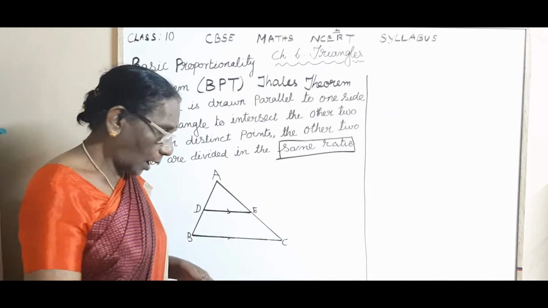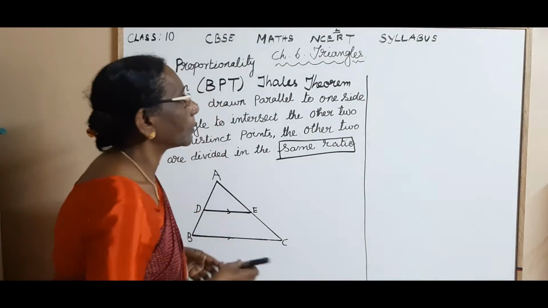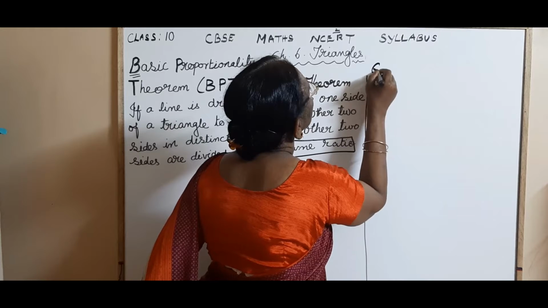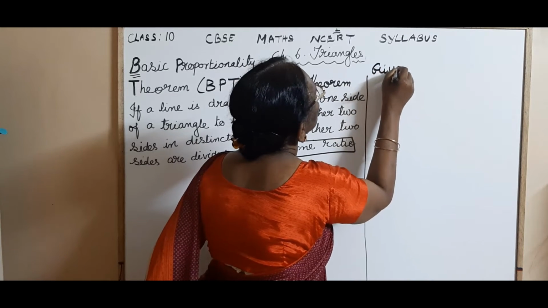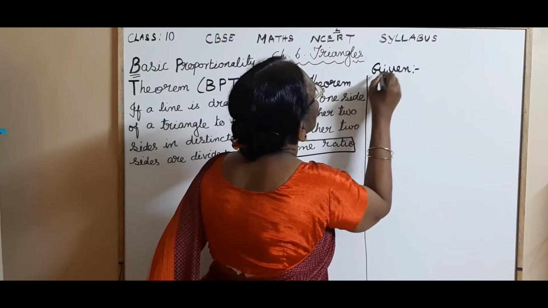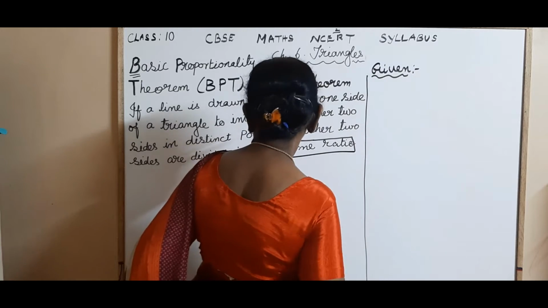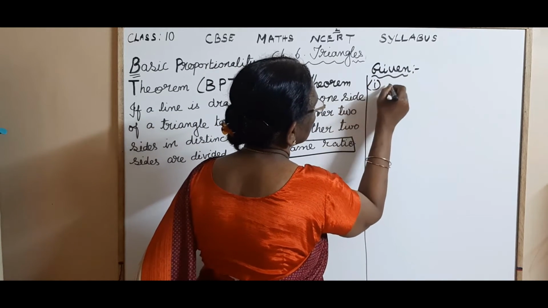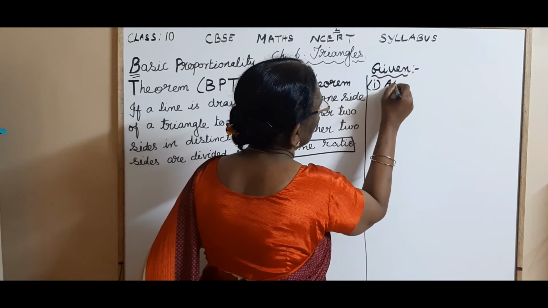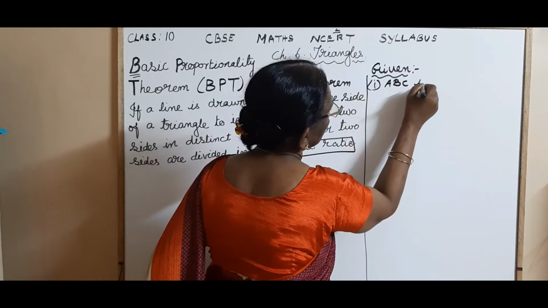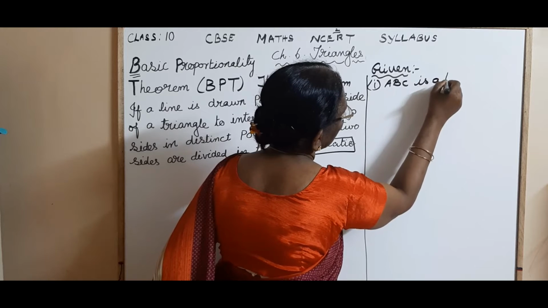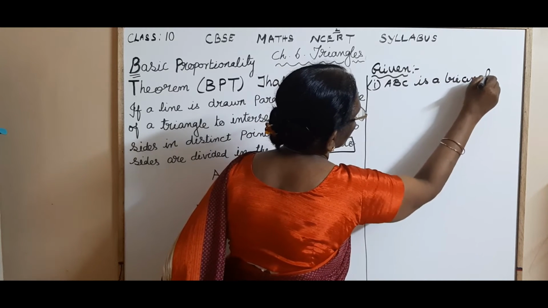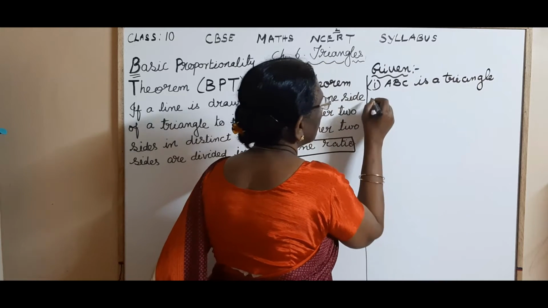Okay children, now let us write what is given. First point: ABC is a triangle. Isn't it, children?